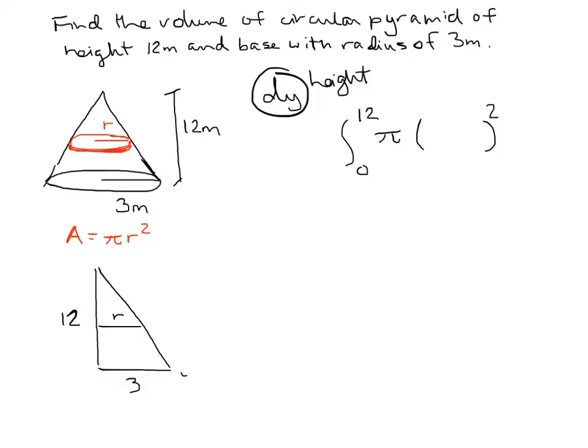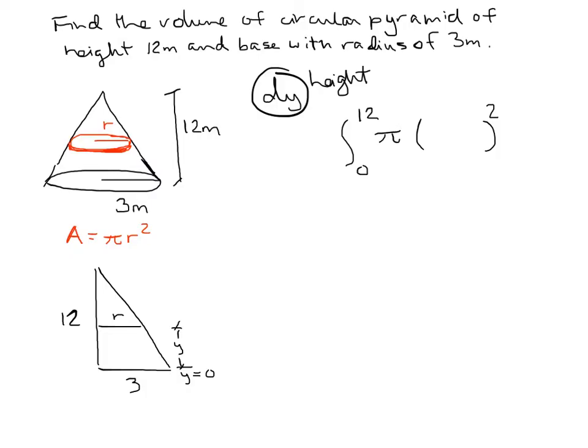And y equals 0 is at the bottom. So every time I move up a distance of y, if I go to right there, that distance would be y.